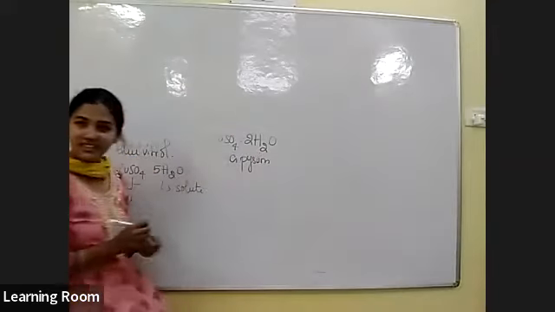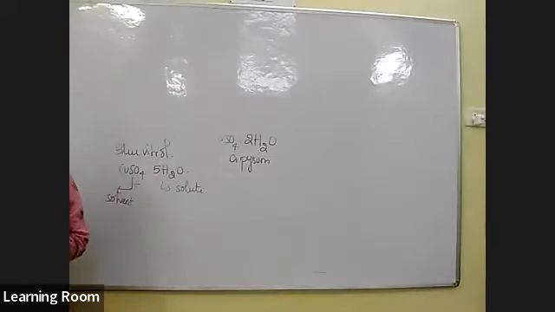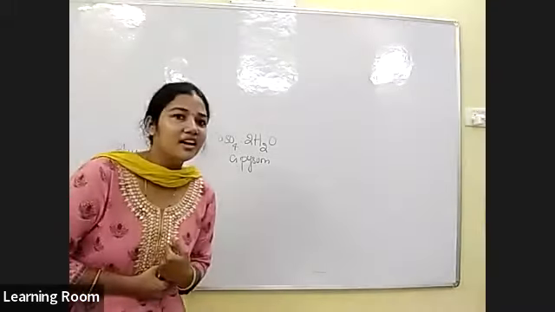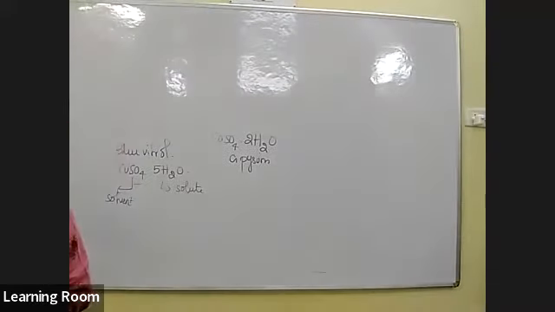Gypsum is a salt. Where is gypsum used? That is plaster of Paris. Gypsum is actually used in cement.